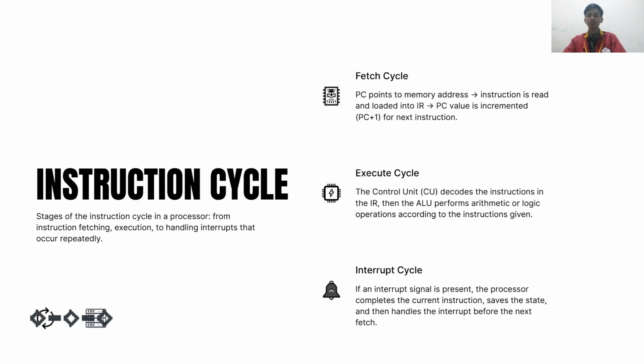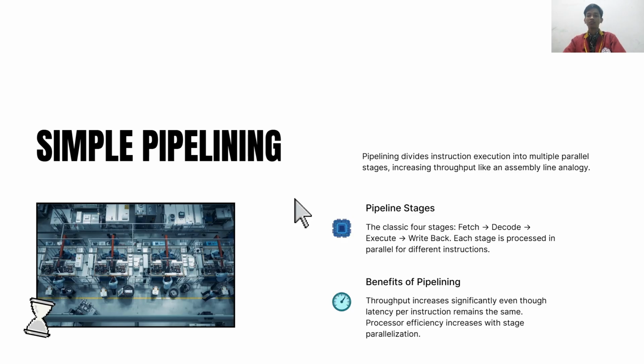Basic pipelining. To make the processor more efficient, we use pipelining. Imagine an assembly line in a factory, where an instruction does not need to be completely finished before the next instruction starts. A classic pipeline has four to five steps: fetch, decode, execute, and write back.